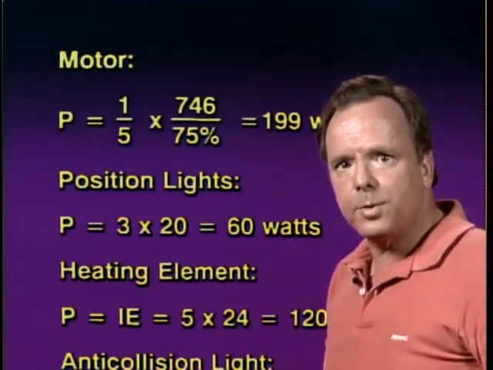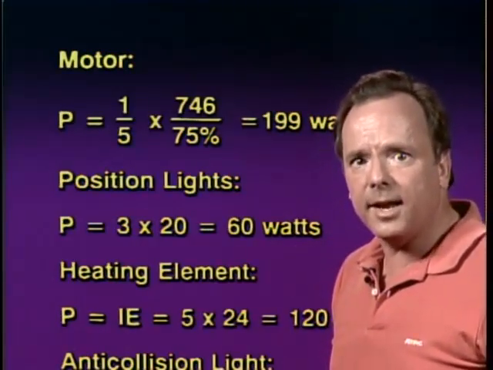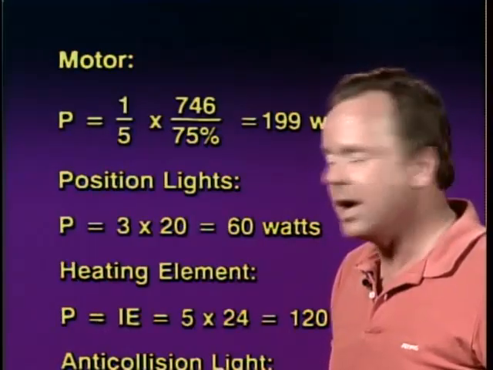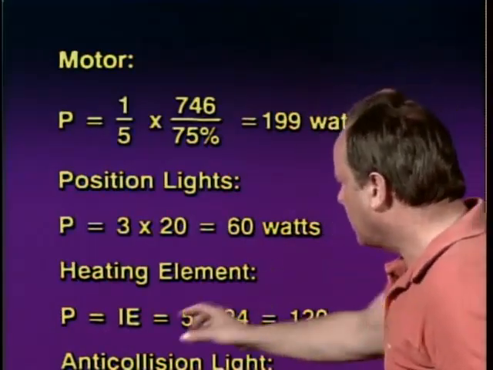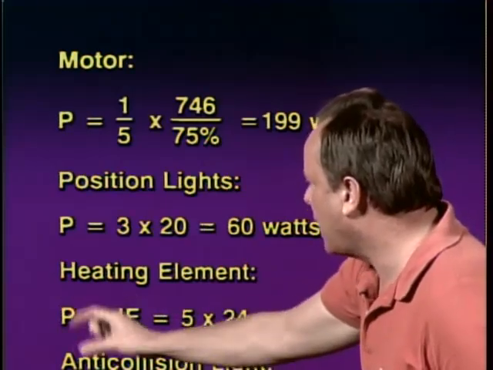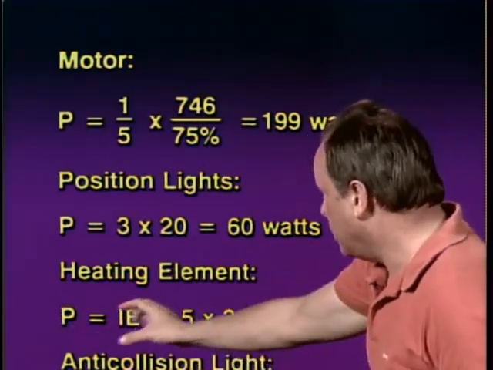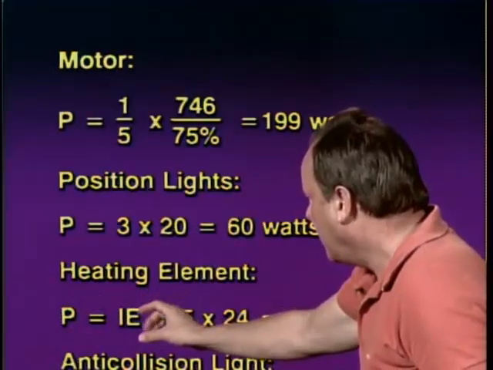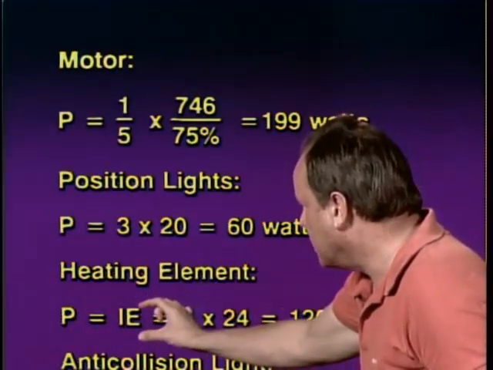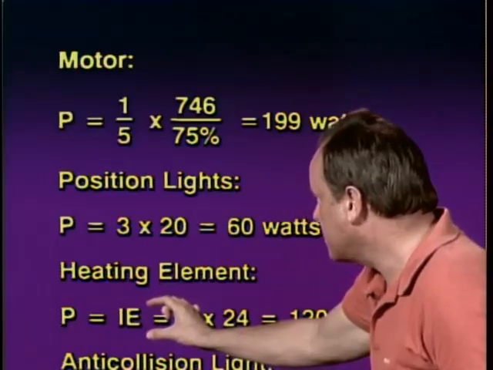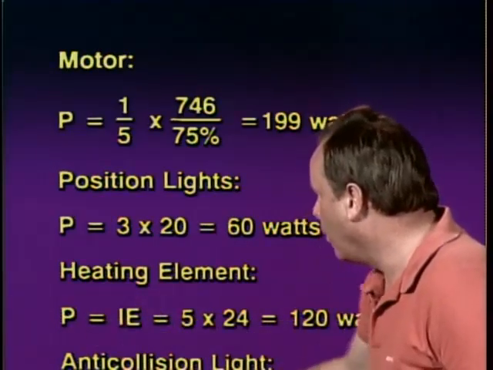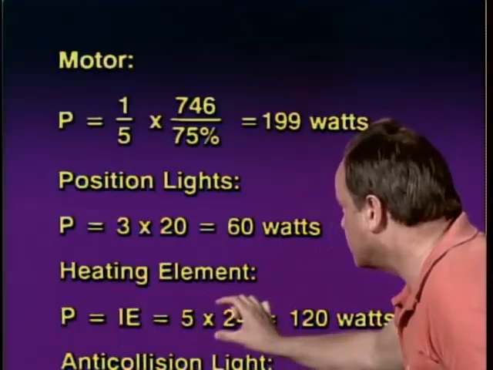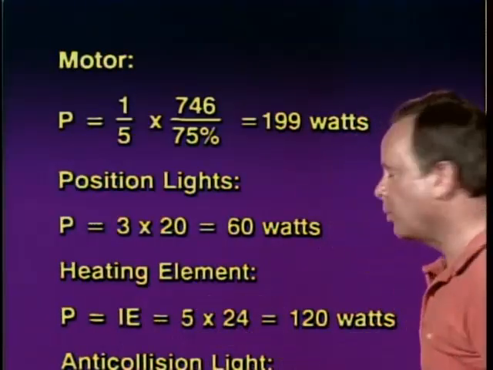And they also told us we had a heating element, but they said the heating element was 5 amps, not watts. And so we need to convert that into watts, which is power. And so what you do is use this formula for power, and you take the current times the voltage, or the electromotive force, and that gives you the power in watts. So it was 5 amps times the 24 volts gives us 120 watts.